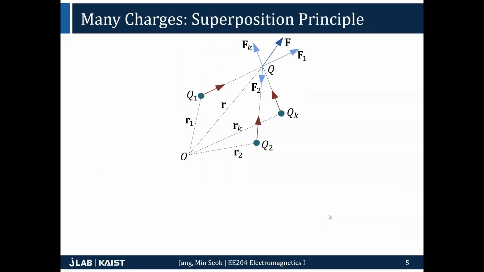And then if we have many charges, like we have charge Q at this point, and multiple other charges, Q1, Q2, up to Qk, and you want to obtain the total force exerted on charge Q, all you need to do is evaluate the partial forces: the force between Q1 and Q, the force between Q2 and Q, the force between Qk and Q, and then just add them up.